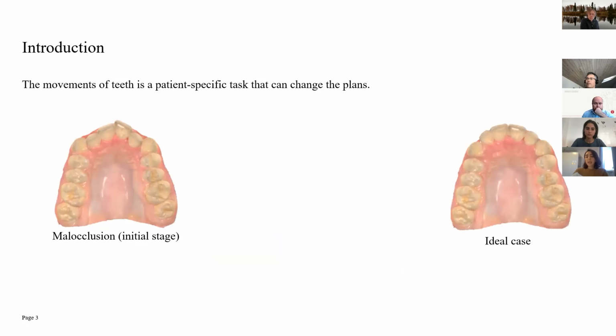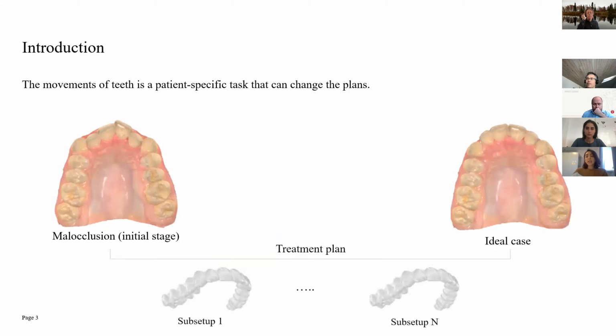By designing well-positioned teeth in the patient's jaw, they prepare a treatment plan, which includes several subsetups, and each of these subsetups is designed based on the target position of the teeth that the orthodontist plans to move the teeth towards.